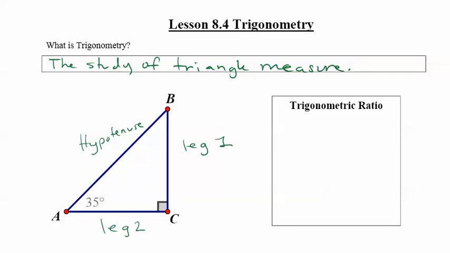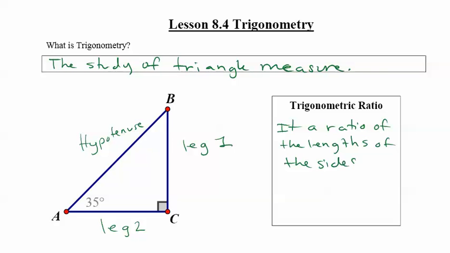All right, well, what is a trigonometric ratio? Well, it is a ratio, because there are several of them. So a ratio of the lengths of the sides of a right triangle.